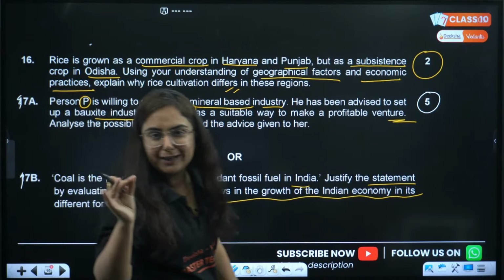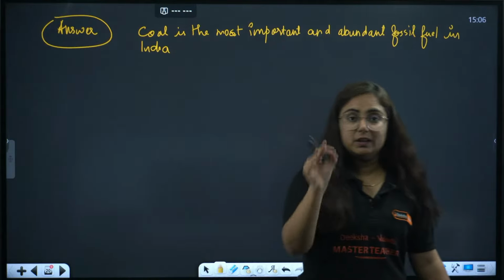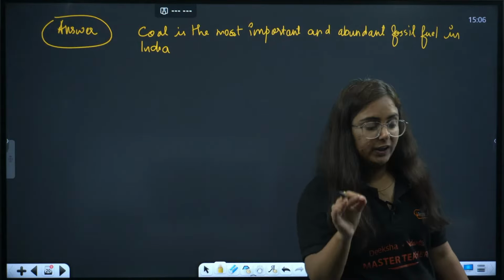So coal is the most important and abundant fossil fuel in India. And now we are going to give the examiner exact 5 points which are required.